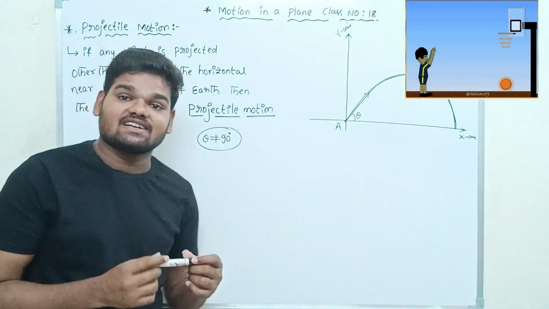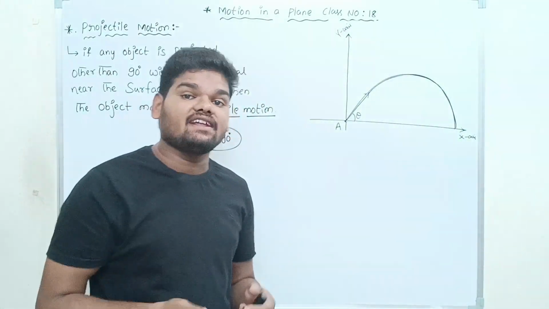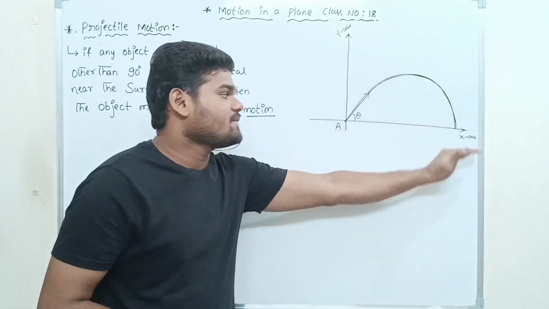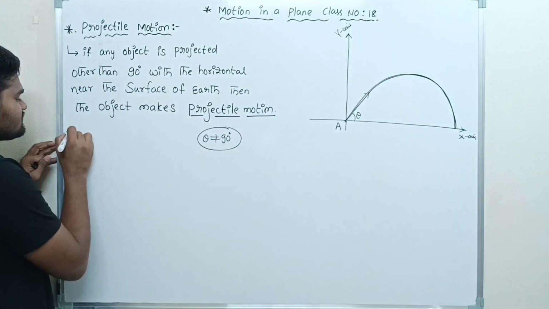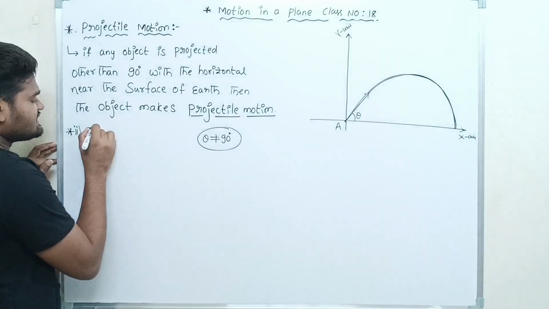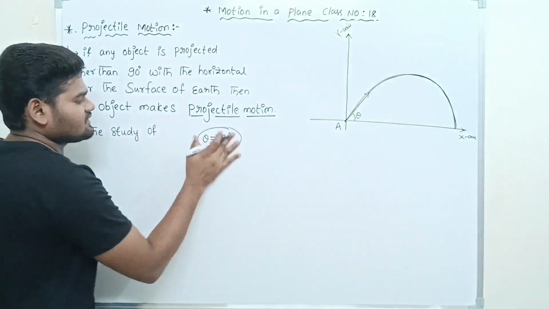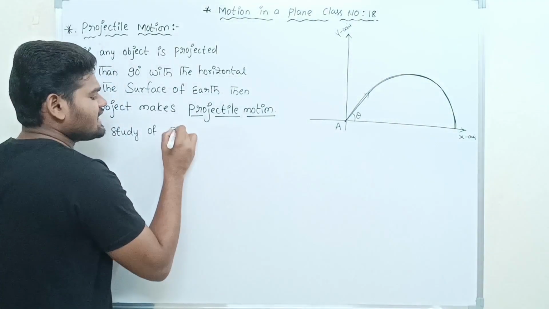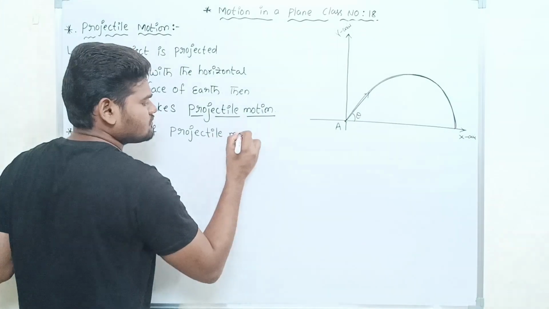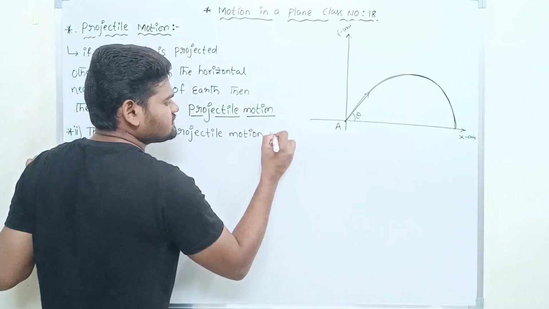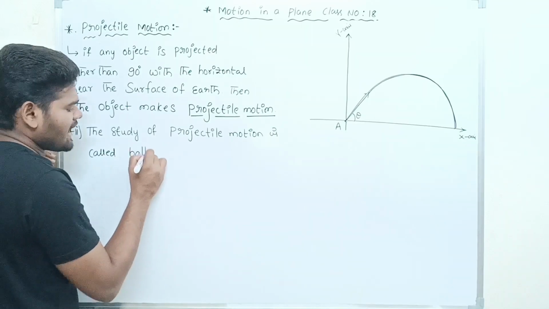So what is the meaning of projectile motion? If an object is projected into the air other than 90 degrees with the horizontal, then it makes projectile motion. Okay, right. Have a look. The second point: the study of projectile motion is called ballistics.